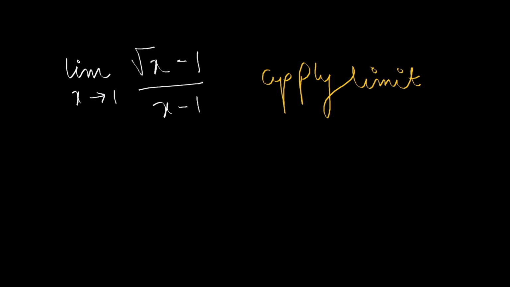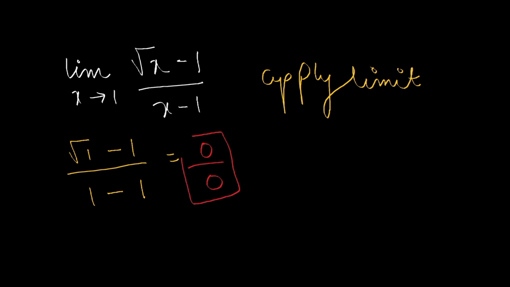So under root 1 minus 1 divided by 1 minus 1. Under root 1 is 1, 1 minus 1 equals 0, divided by 1 minus 1 equals 0. So what does it mean? This is an indeterminate form. So we can't apply limit directly. First, we have to convert this whole function to determinate form. 0 by 0, infinity by infinity, and there are some other indeterminate forms.